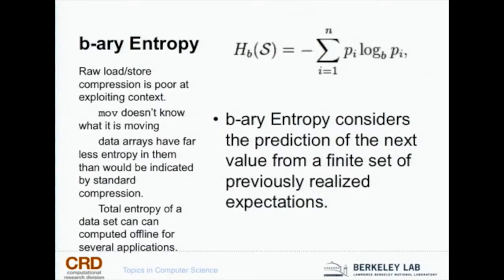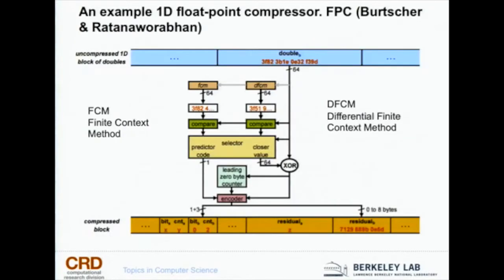This is from a previous talk, but basically conditional entropy is, what's the entropy if I know more about the previous states? So you create more context. The classic place where you create more context is in an array of data. Here's an example of a 1D array floating point compressor.